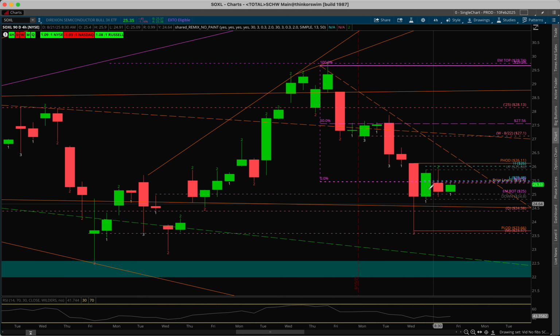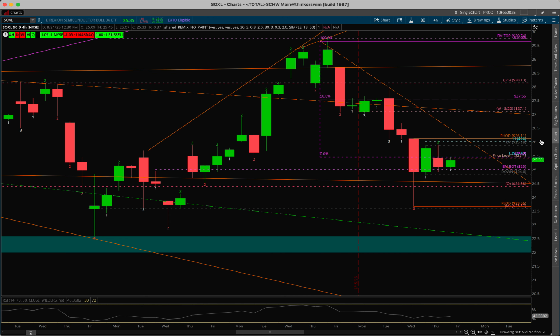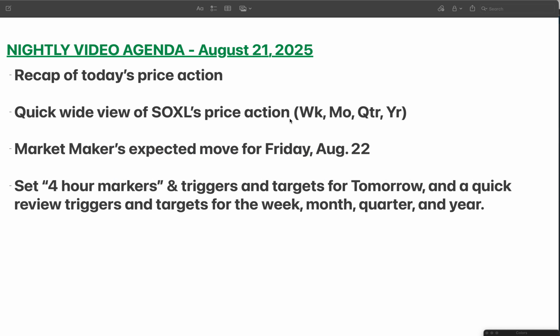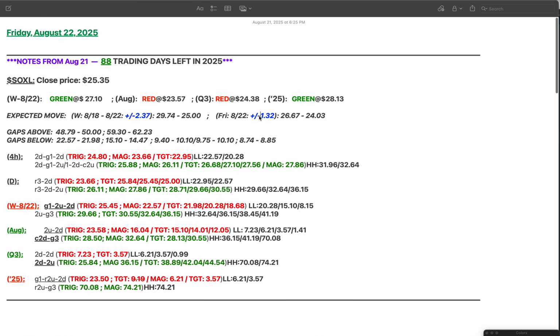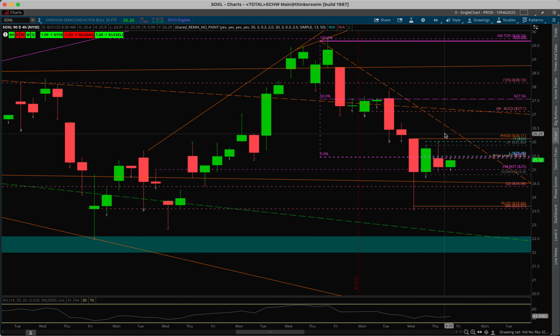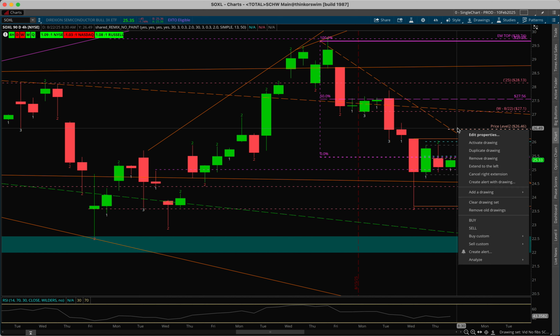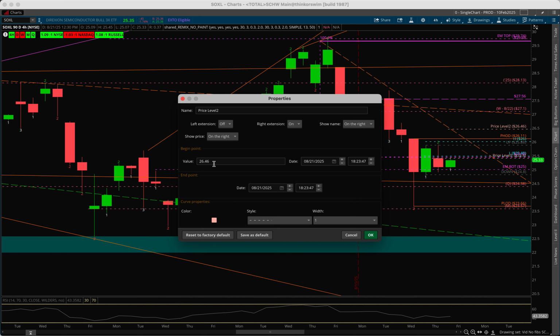Let's go to our intraday chart here, and I've already calculated it out. The $1.32 move with the close price of $25.35 puts the high of the expected move for tomorrow at $26.67 and the low at $24.03. So let's mark that. $26.67.